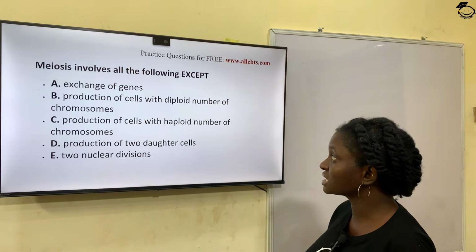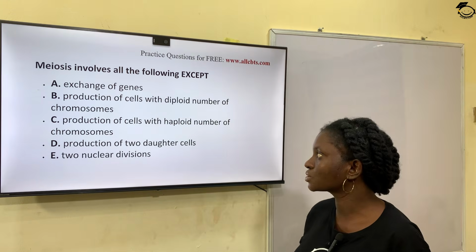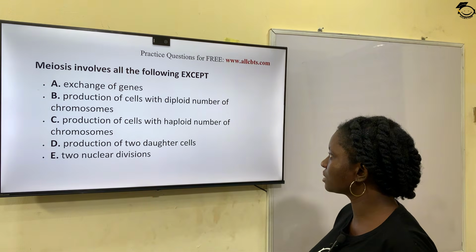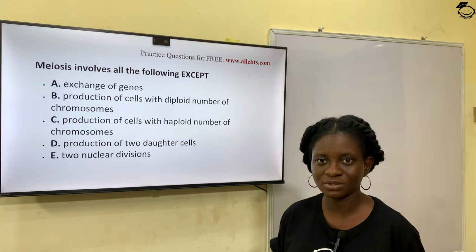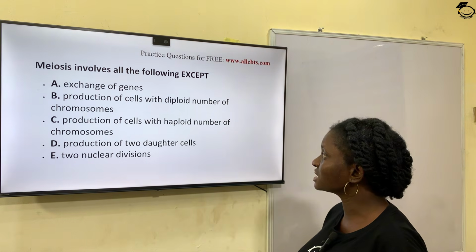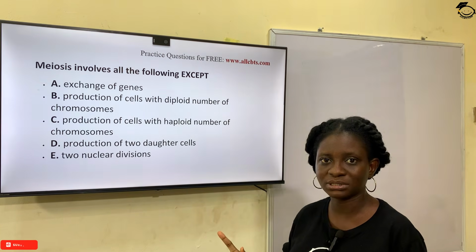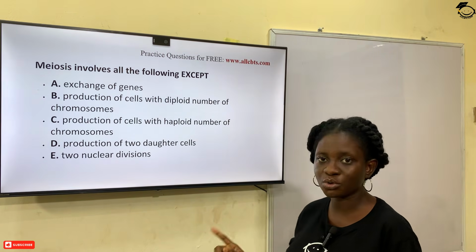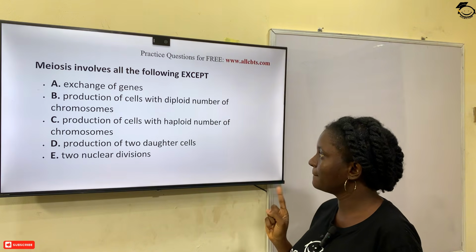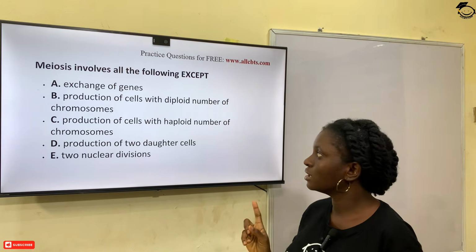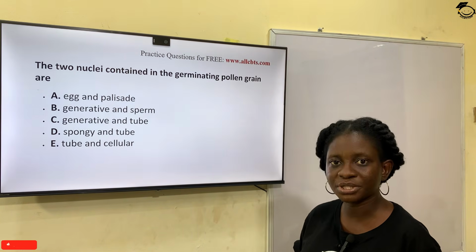So exchange of genes is involved in meiosis, that is correct. Production of cells with diploid number of chromosomes, that's incorrect. Meiosis only involves production of cells with the haploid, that's one set, number of chromosomes. So that makes B the correct answer to this question, option B.